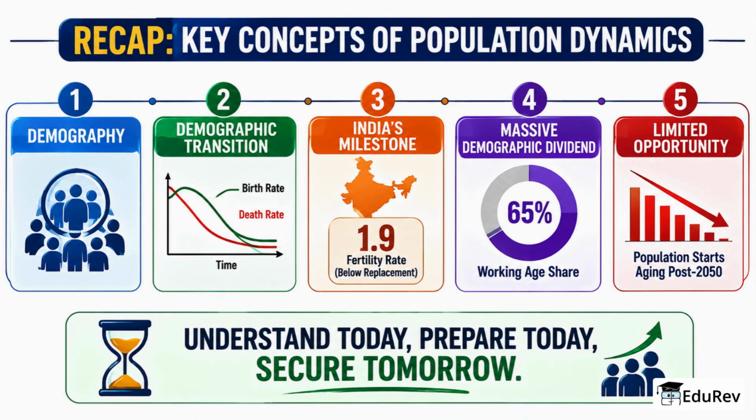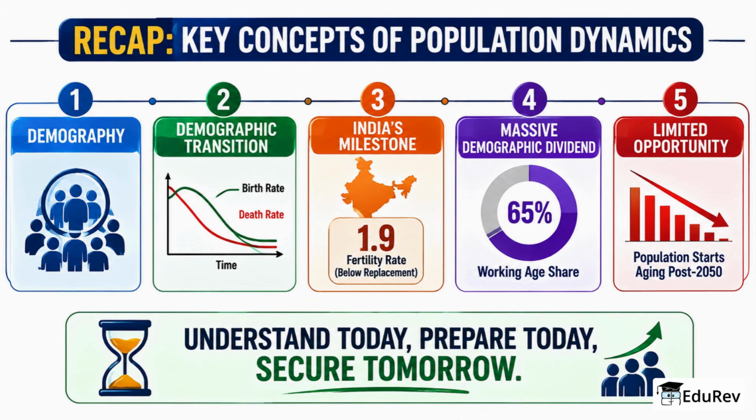So, let's recap the vital concepts we've covered today to ensure you've got a firm grasp on the dynamics of population. First, demography is the study of population size, structure, and changes driven by births, deaths, and migration. Second, nations experience a demographic transition from high birth and death rates to low ones over time.